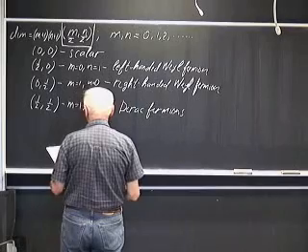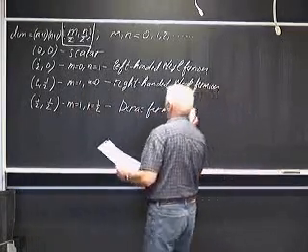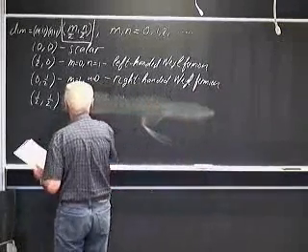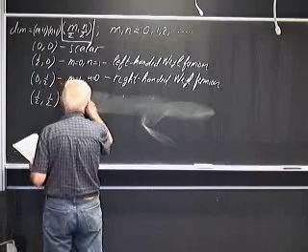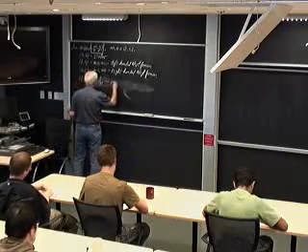And, oh, sorry, this is absolutely wrong. Okay, this is, of course, the representation which describes the photon field, and this is a vector field.